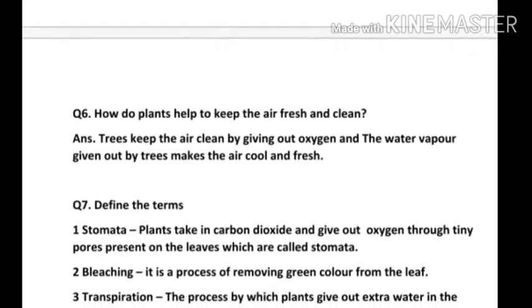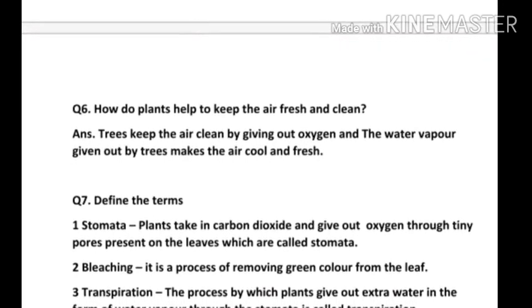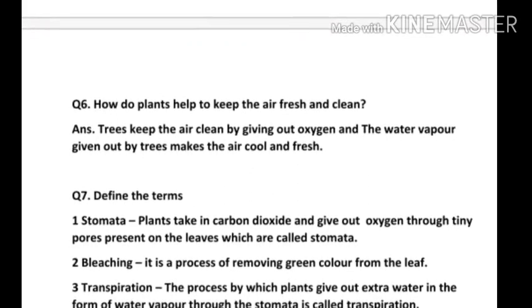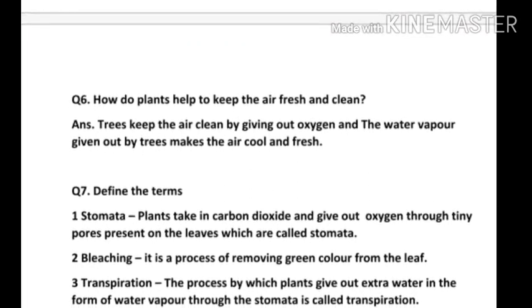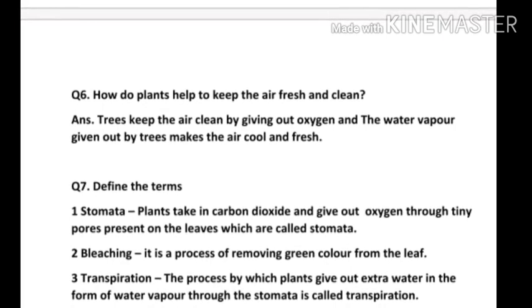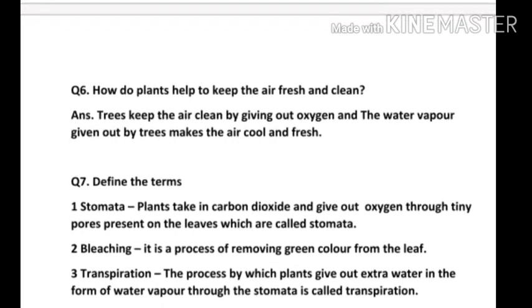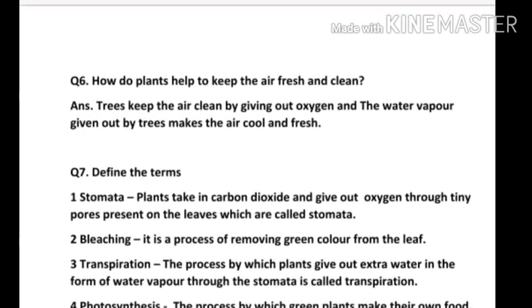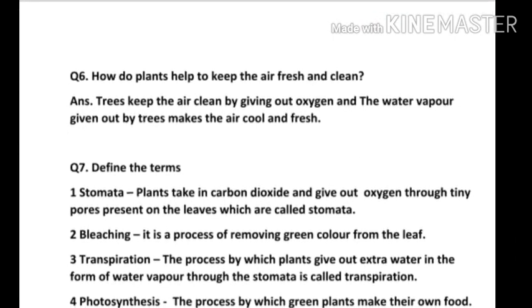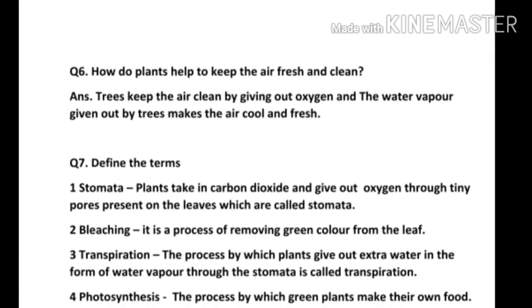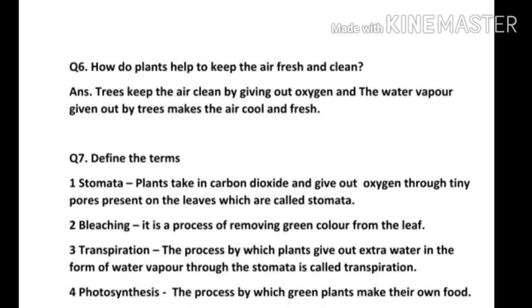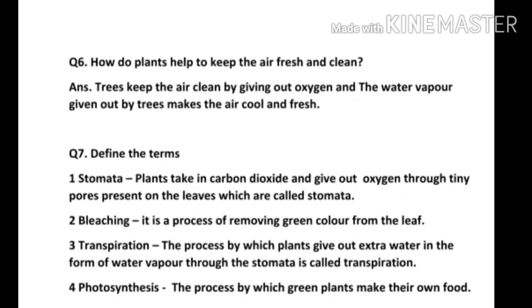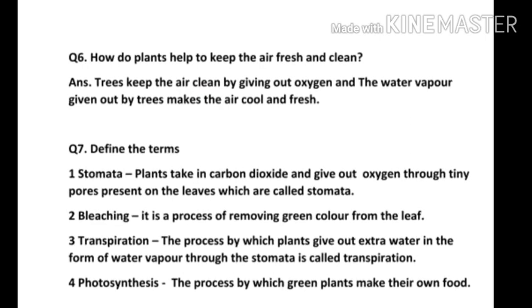Third one is transpiration: the process by which plants give out extra water in the form of water vapor through the stomata is called transpiration. Next is photosynthesis, the process by which green leaves make their own food.